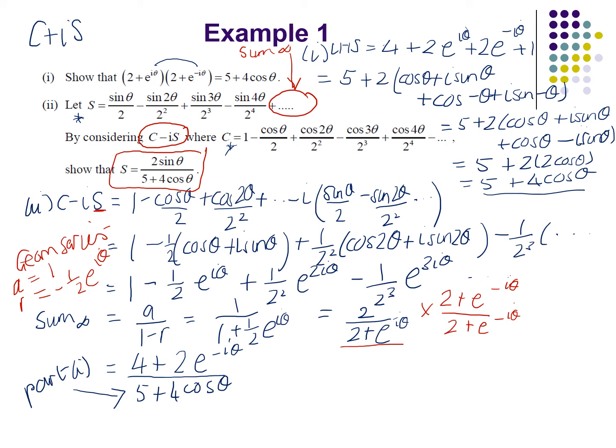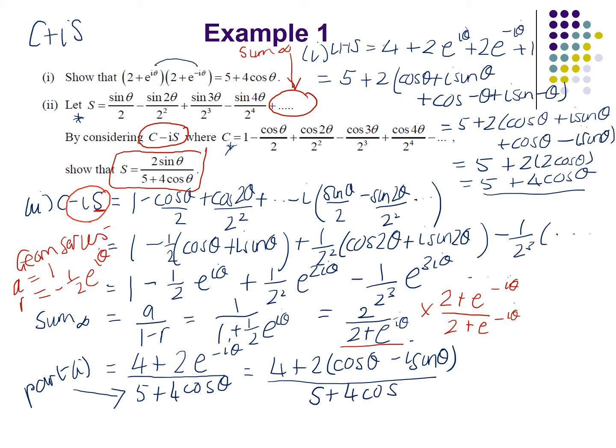Now, I want to pick out minus the imaginary bit because remember, minus the imaginary bit is my S bit. How do I split it into real and imaginary bits? Well, what I do is I split the e to the minus i theta into cos theta minus i sine theta. Hopefully you're happy with me going straight to that.